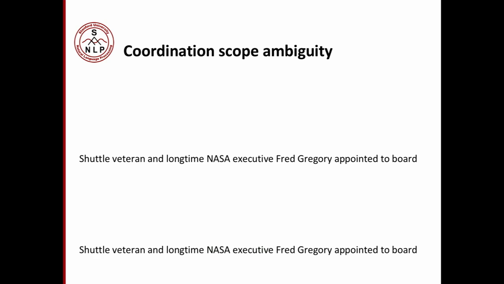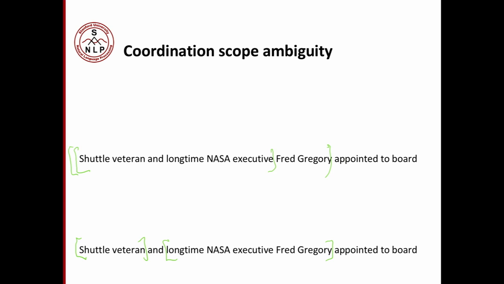That is either that there's somebody who's a shuttle veteran and a long-time NASA executive, and their name is Fred Gregory, and that they've been appointed to the board, or the other possibility is that there's a shuttle veteran and there's a long-time NASA executive, Fred Gregory, and both of them have been appointed to the board. And so again, we can indicate the structure of that using our dependencies.